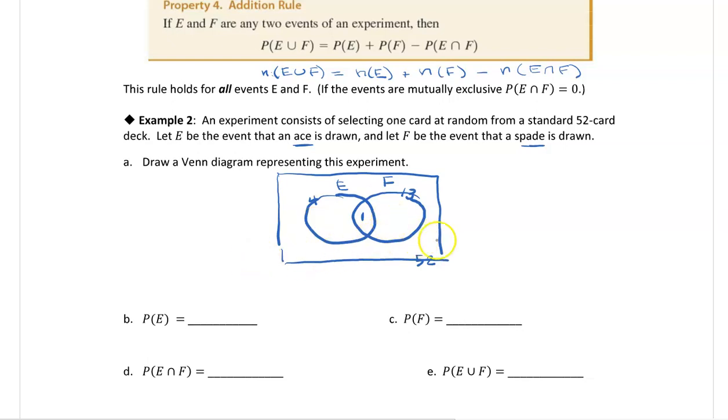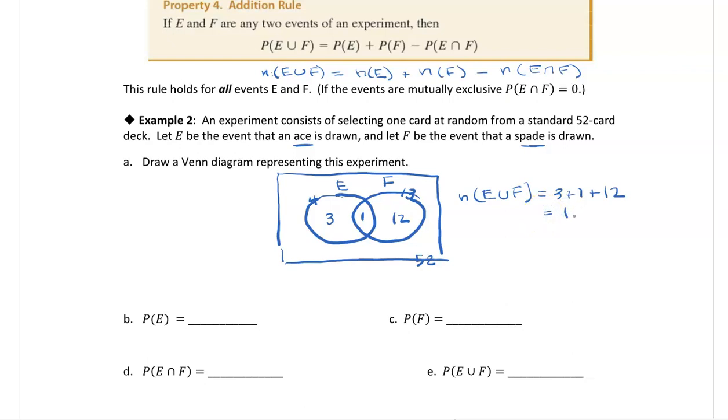So what does that mean? We can do this just like we did in chapter 6. There have to be 3 cards that are aces but not spades. There have to be 12 cards that are spades but not aces. If we add those up, the number in the union of E and F is just 3 plus 1 plus 12, which is 16.